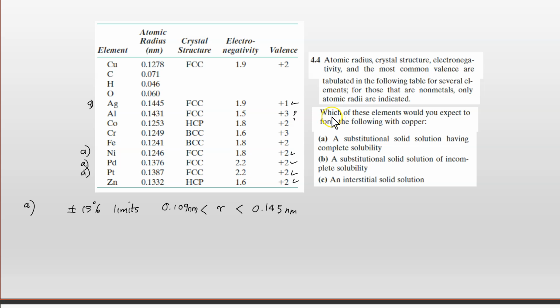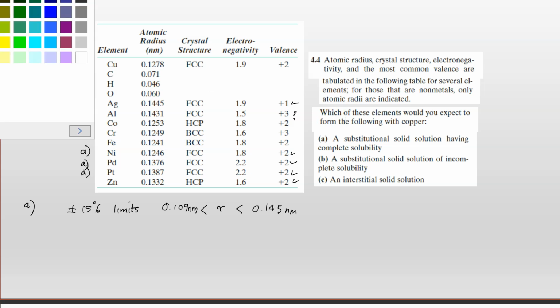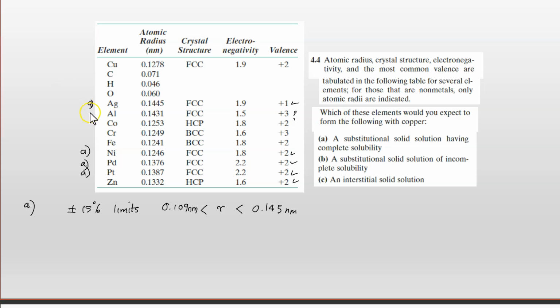Now for B of incomplete solubility, we can suggest cobalt and chromium and zinc. These have different crystal structures. An interstitial solid solution. So these over here are candidates for that.